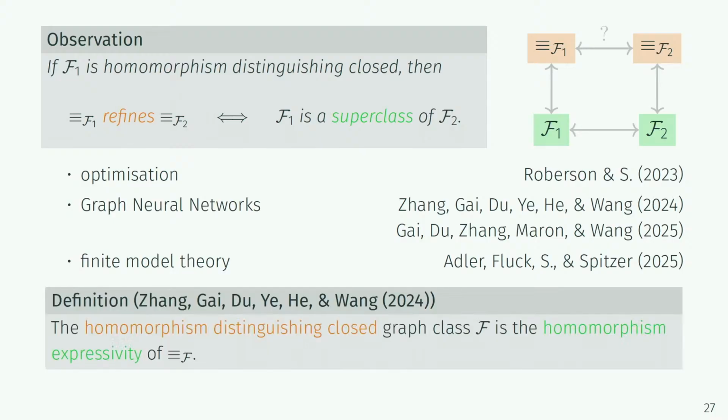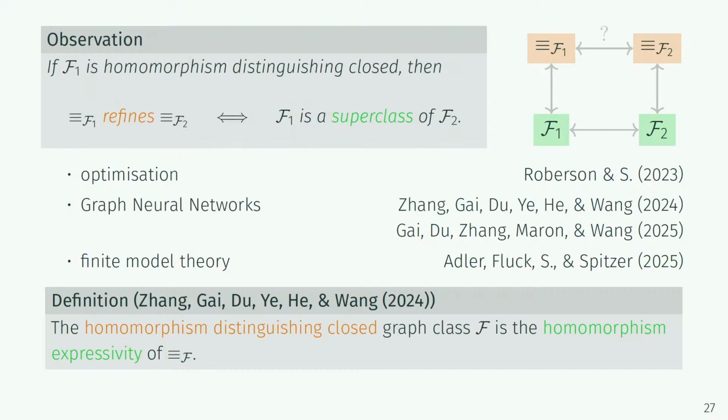And I'd like to put one definition on the slide from the first paper here, where they introduced the so-called homomorphism expressivity of an indistinguishability relation. So if you have such an indistinguishability relation, then the homomorphism expressivity is the unique homomorphism distinguishing closed graph class whose indistinguishability relation coincides with that relation.